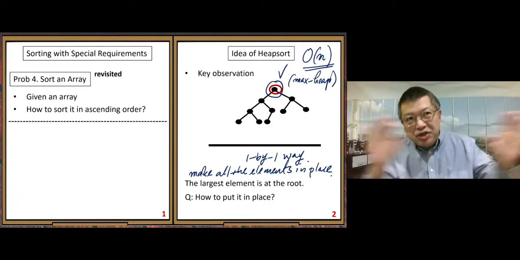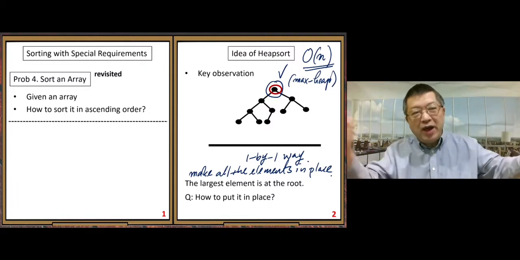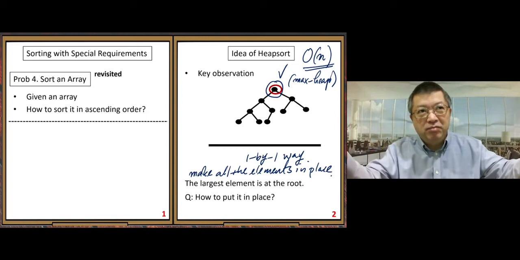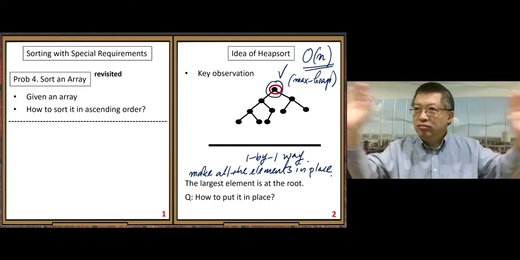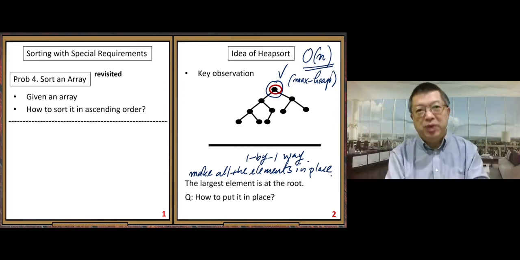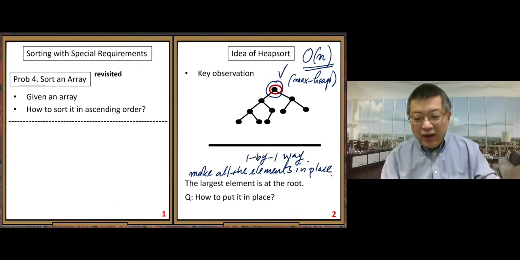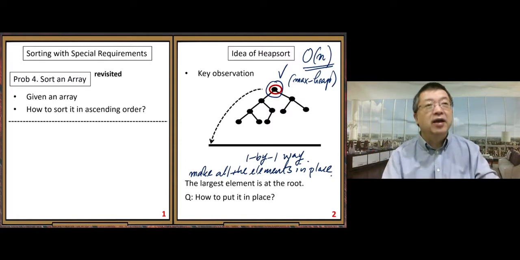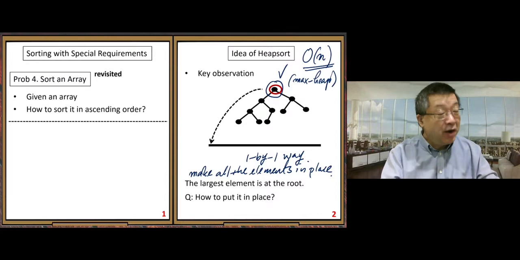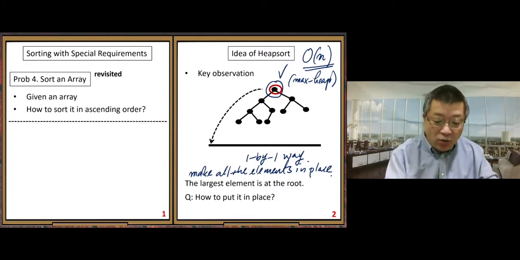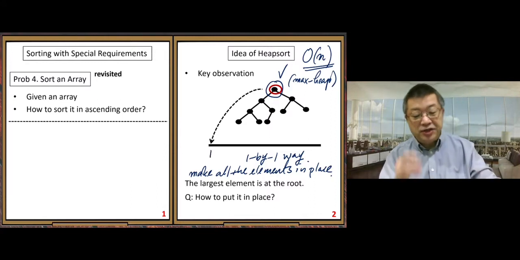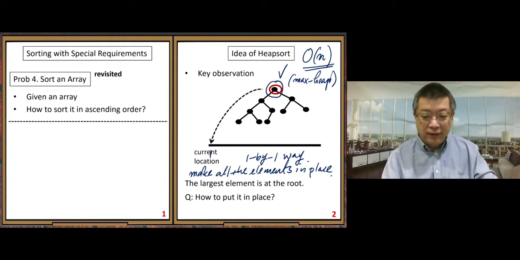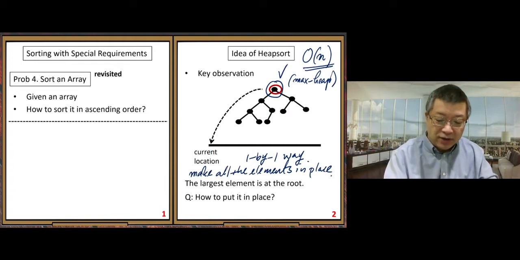Let's imagine the array is arranged in this natural arrangement. We know the largest element is supposed to be at the end, right? But currently it is at the root, at location 1, index 1.